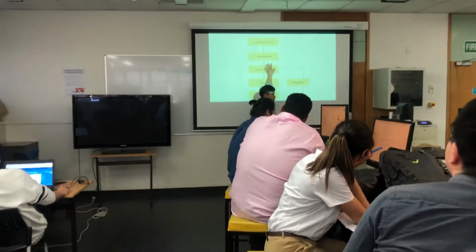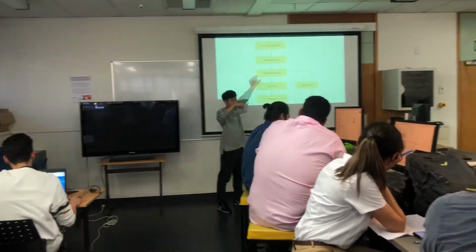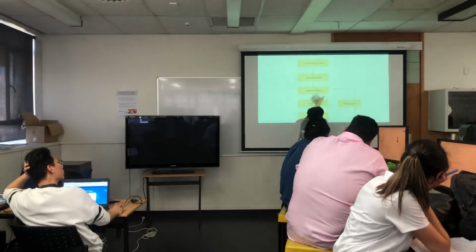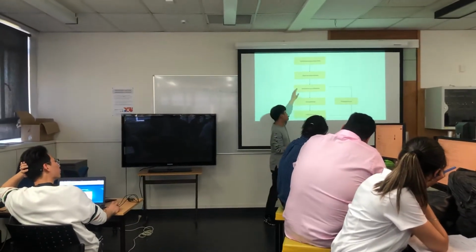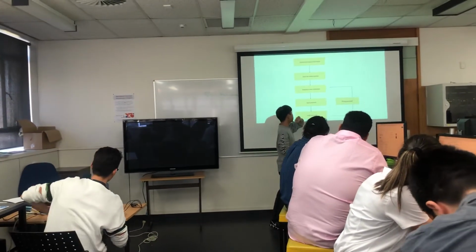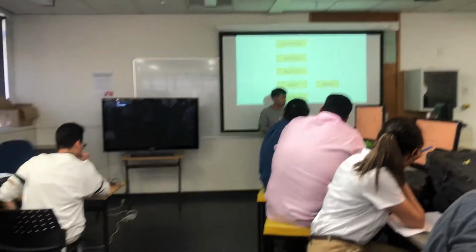Maybe we don't know the correct account, so we use a way called enumeration. That's the same way we use for the password attack, and we can also use it to find the correct account. The third step is to generate or use a dictionary attack, which is what we use today.